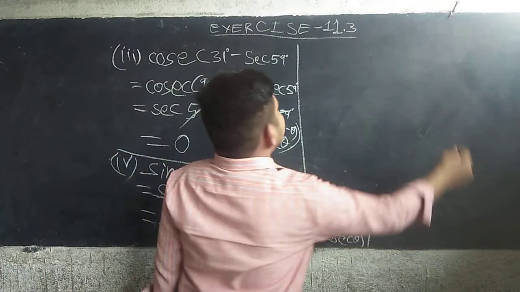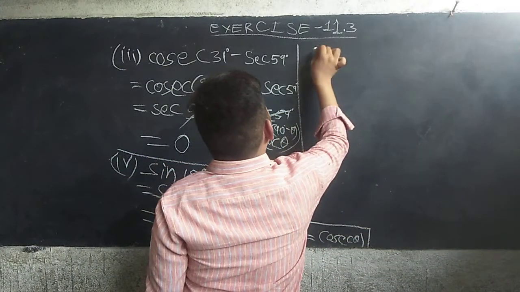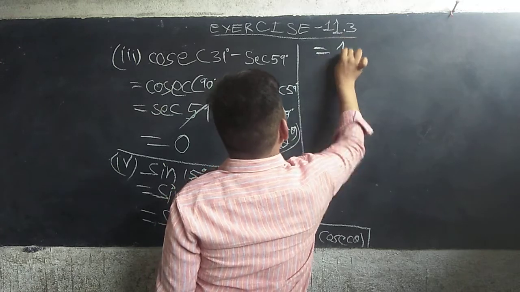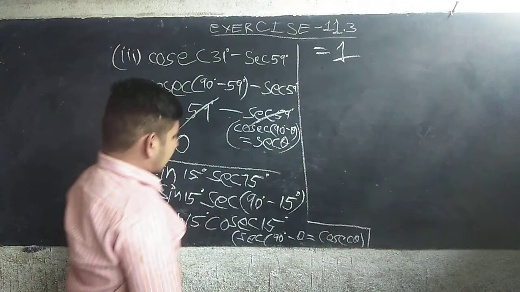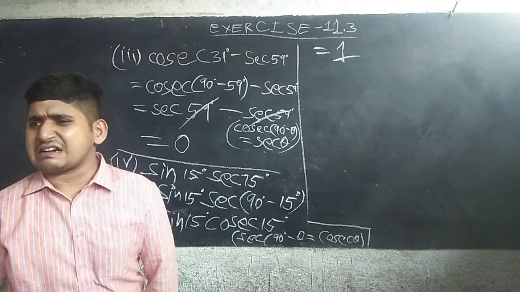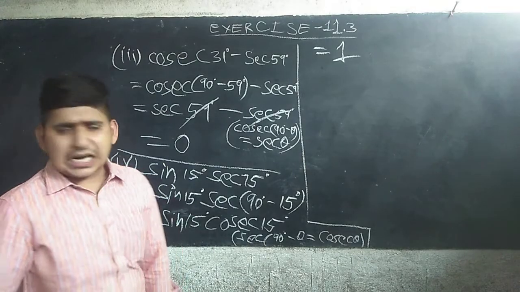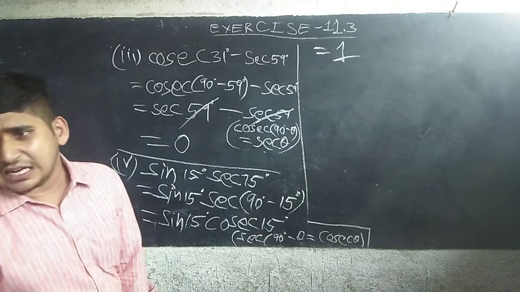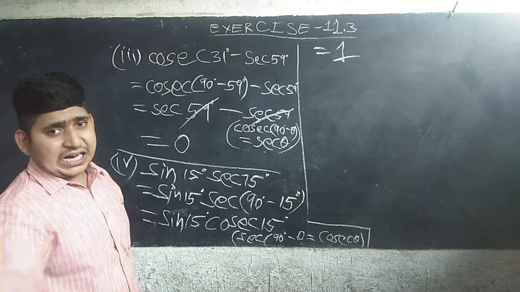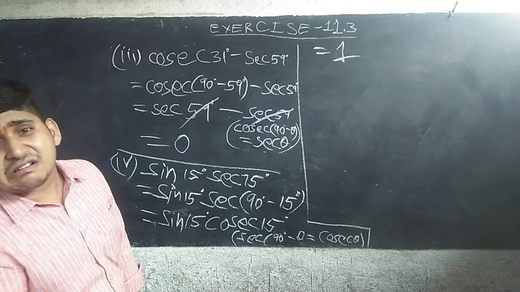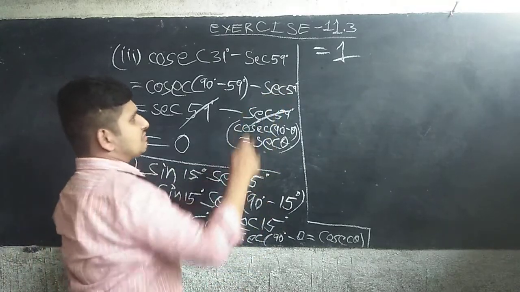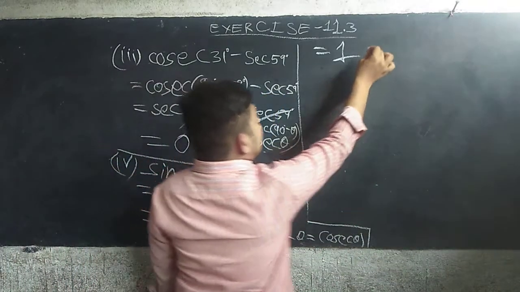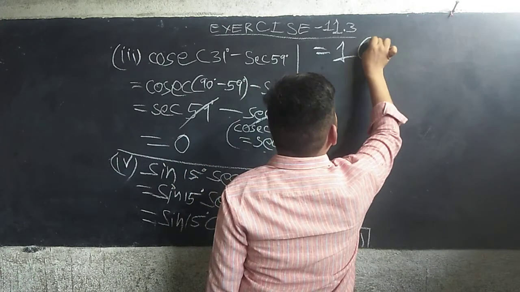Why? Because sin theta into cosec theta equal to 1. Here theta equals 15 degrees, the same angle. So here we have to write sin theta into cosec theta equal to 1.